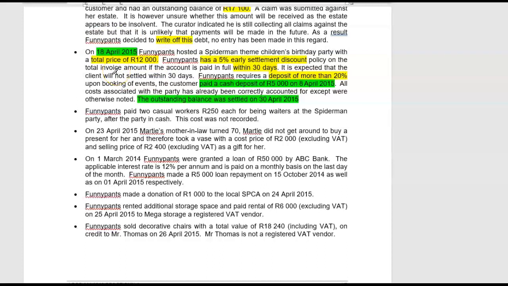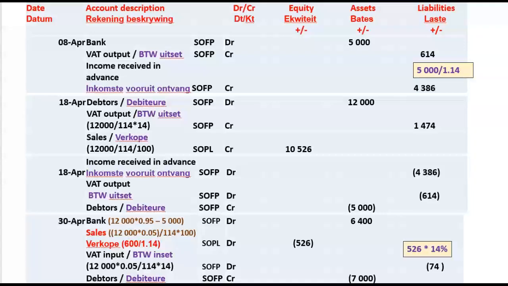What do we do with that sales invoice? It's going to be a credit invoice because they haven't paid us in full as yet. We are going to post it in the debtors journal. How? From the source document. So we are going to debit debtors with an invoice value of 12,000 Rand.